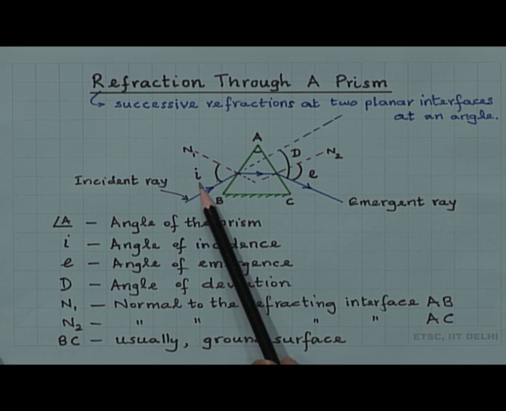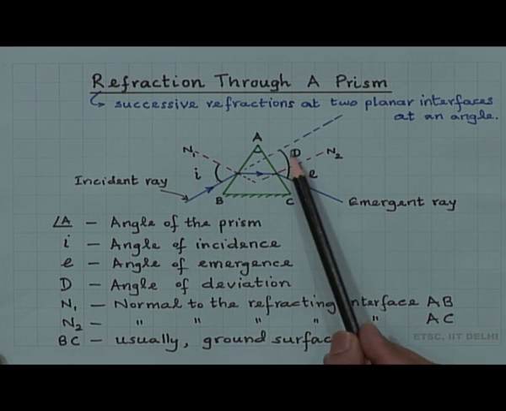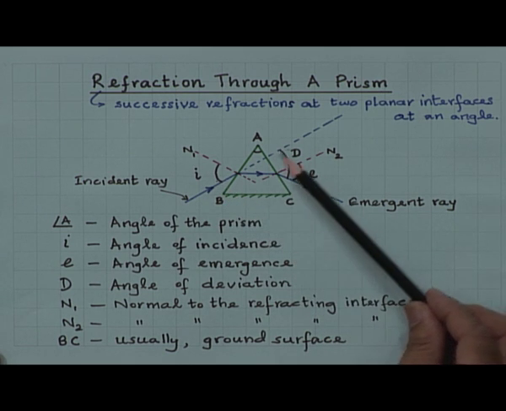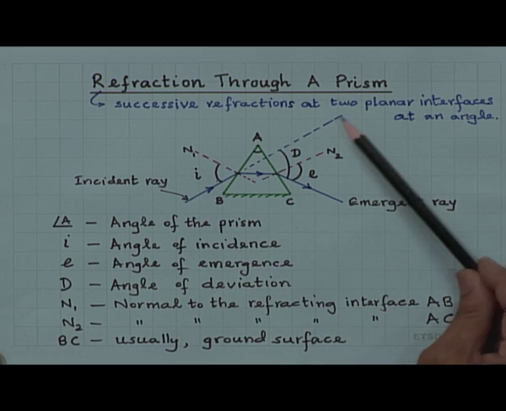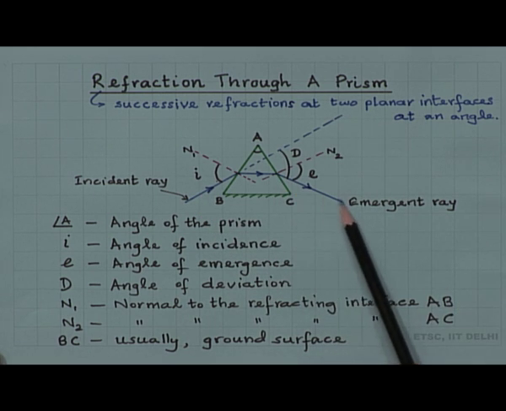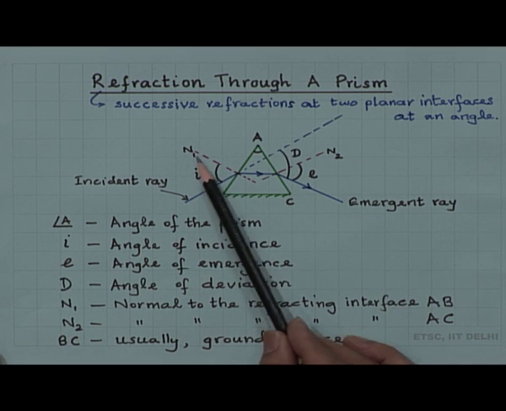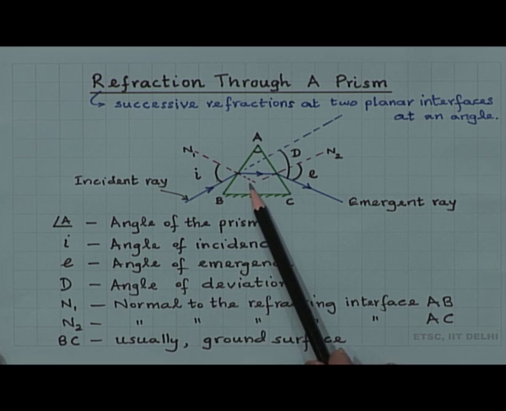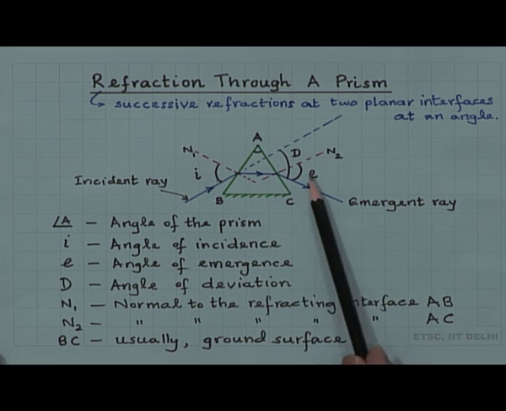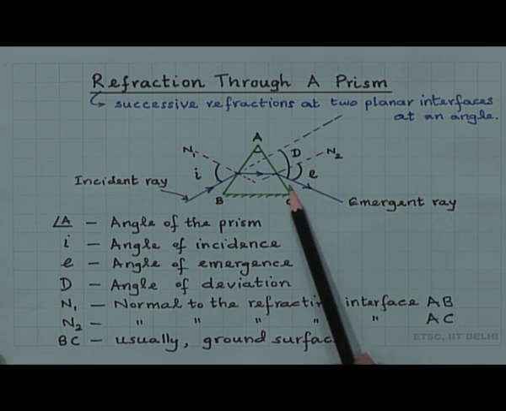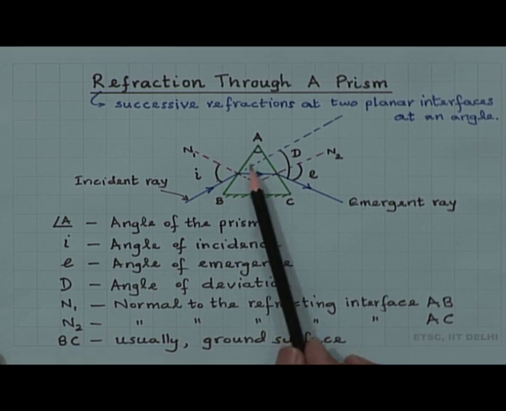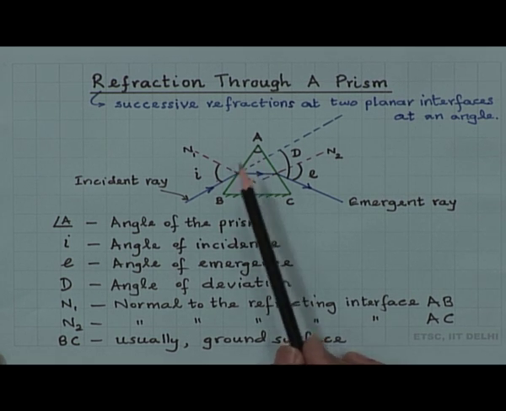I is the angle of incidence here, d is the angle of deviation, that is the angle between the original direction of the incident beam and the emerging ray, N1 and N2 are the two normals to the surfaces, and E is the angle of emergence. A is the angle of the prism. It is actually called the refracting angle of the prism.